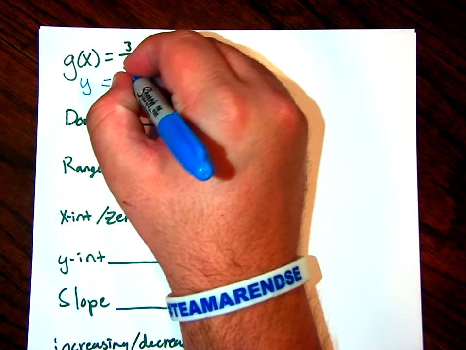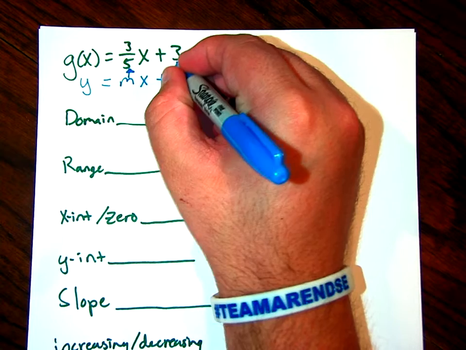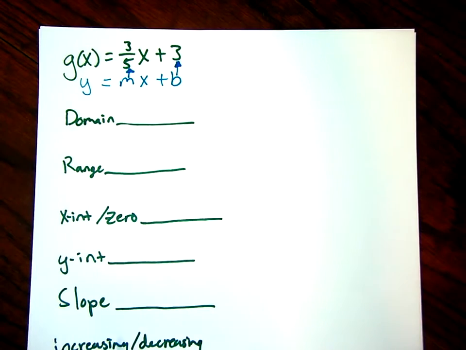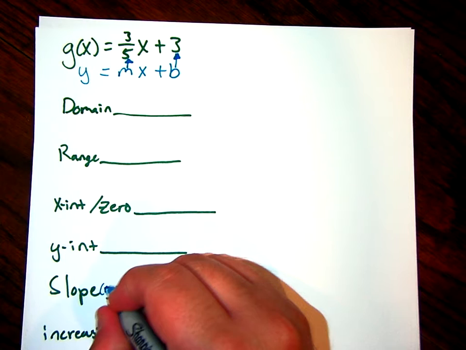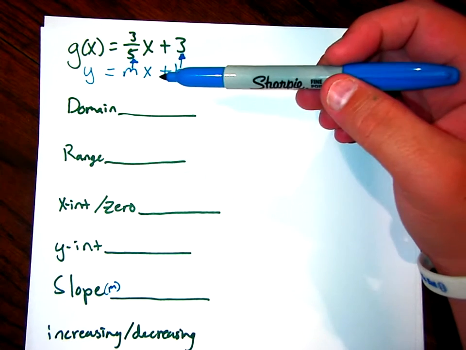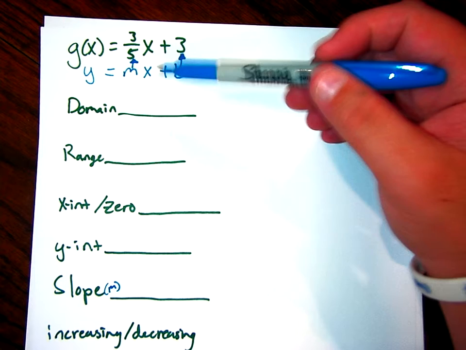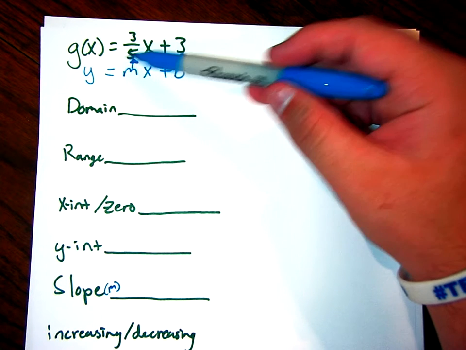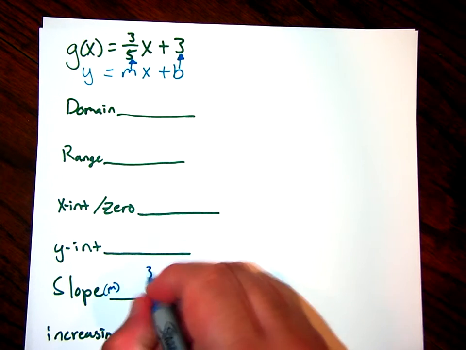Well, here's m and here's b. Remember, m is slope. So slope is represented by the letter m, and this equation literally hands it to you. m is just the coefficient in front of x, always, for this form. So our slope here is going to be 3/5.